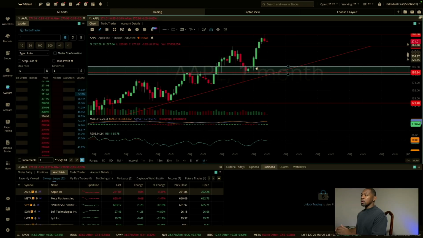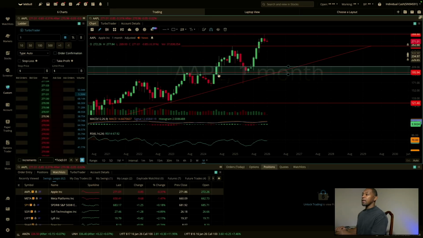So what I did was I took the bottom of the body of this candle, and I took the bottom of this body of this candle that's below this level here.